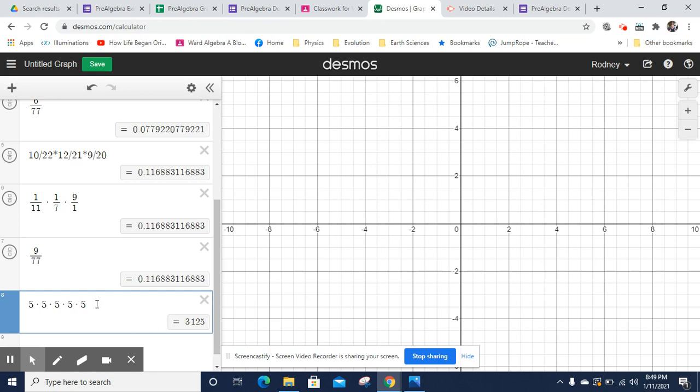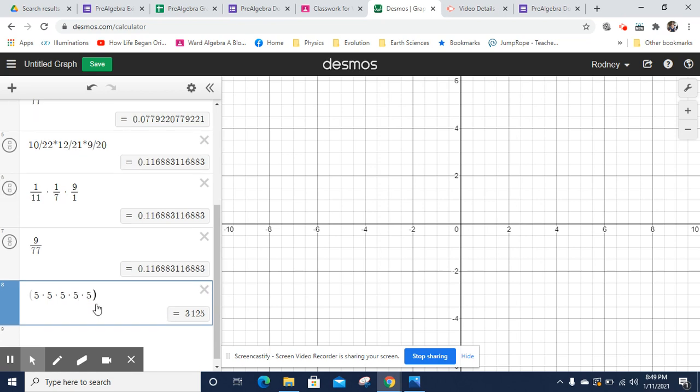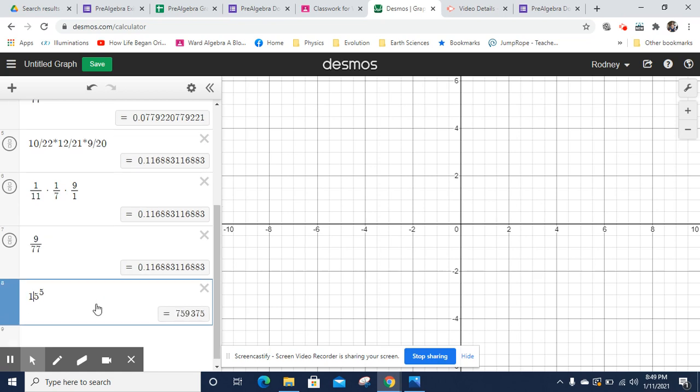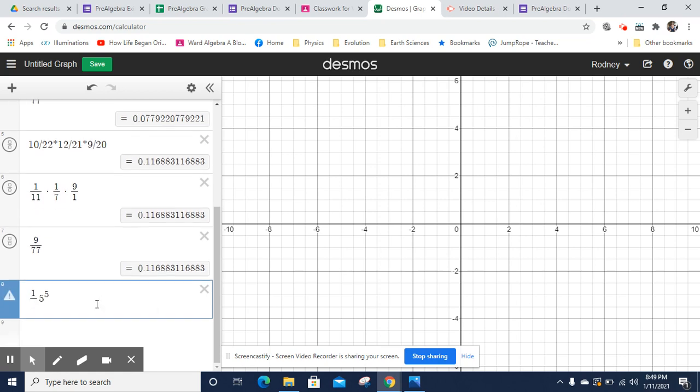And if I made that, I can have written that as 5, and you hit the Shift 6 button to get into exponent land, and over 5. And I'm going to say 1 divided by that. Oops, I got to rearrange this so it goes where I want it. Oh, this really would be 1/5 to the 5th power, but since 1 to the 5th power is just 1, you can always do it this way.